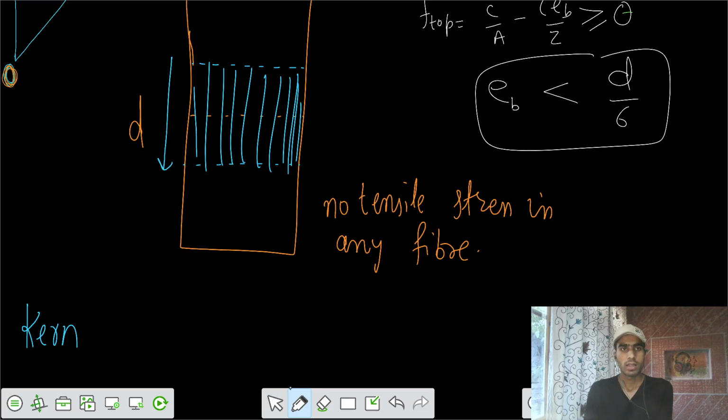Let's see what that means. This is the distance that we can call dk. Let's write it as dk, Kern distance.